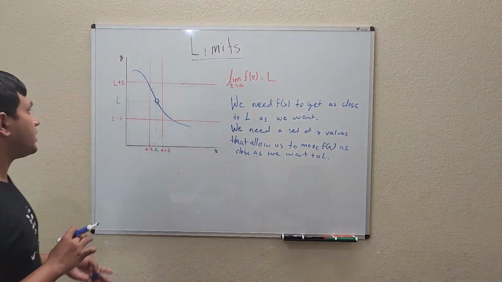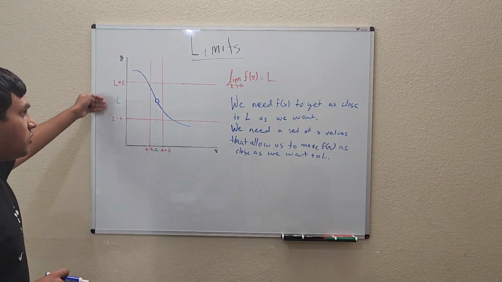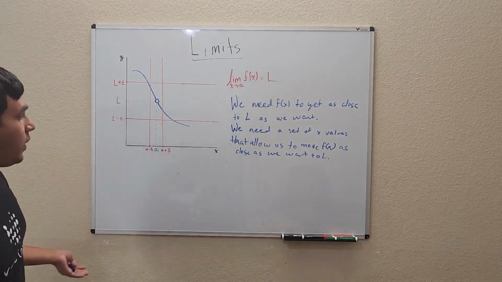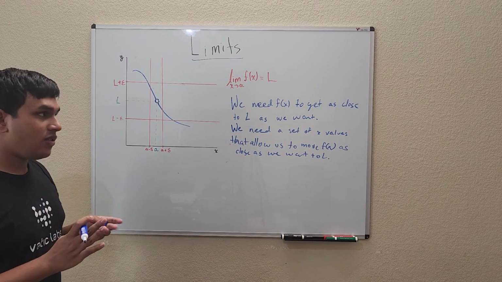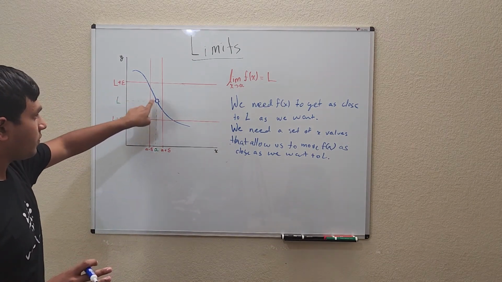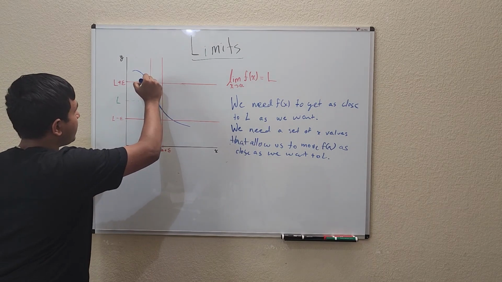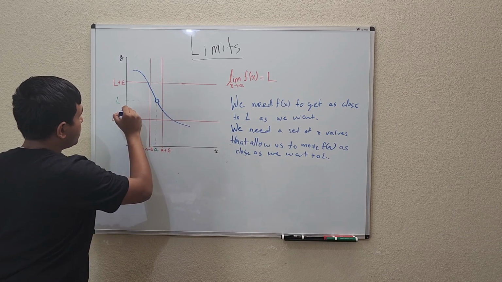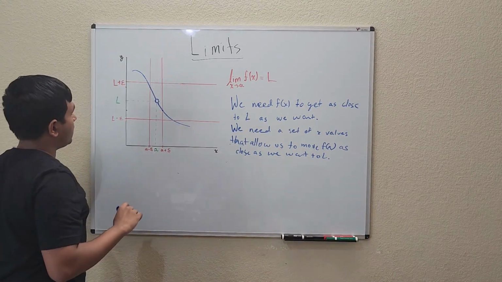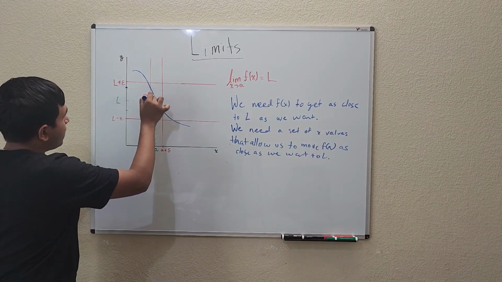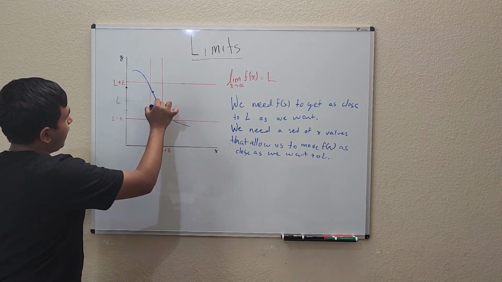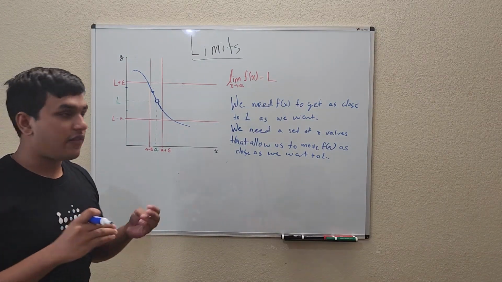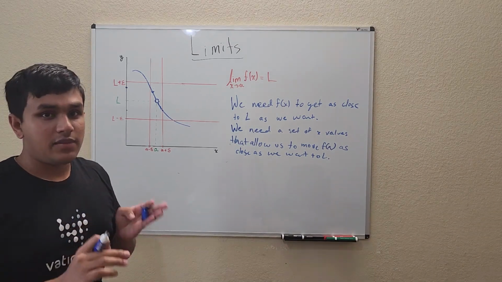Effectively what we're saying is that no matter what epsilon values we choose, in other words, no matter how close we want f of x to be to L, we can always choose some delta value that will get us even closer. L plus epsilon is here, but the delta values will get us here and here, which are even closer than what our epsilon value wants. If we wanted L plus epsilon to be here, then we could get a minus delta and a plus delta there. No matter how we want it, we can get it even closer. That is effectively what the formal definition of a limit says.